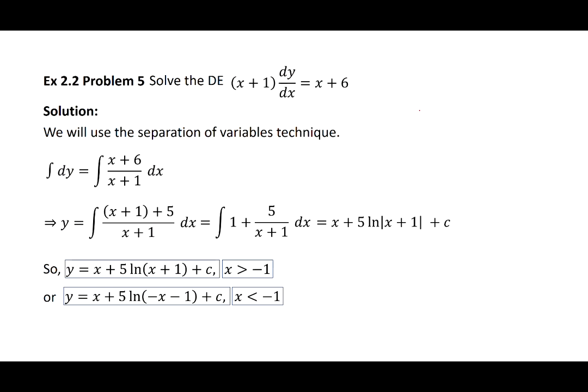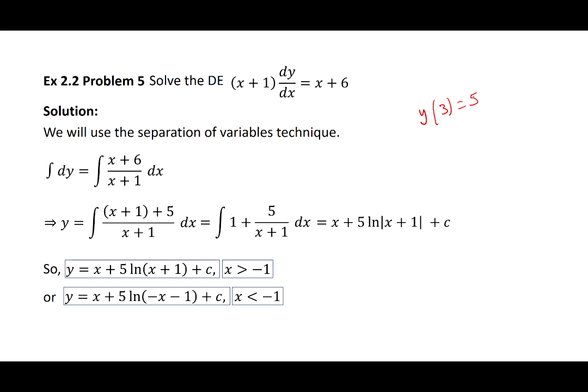Suppose the initial condition is y of 3 is equal to 5. In a situation like that, could we pick the bottom one? No, the bottom solution applies when x is less than -1. We have x to be greater than -1. x is 3 in this case, right? x sub 0 is 3.